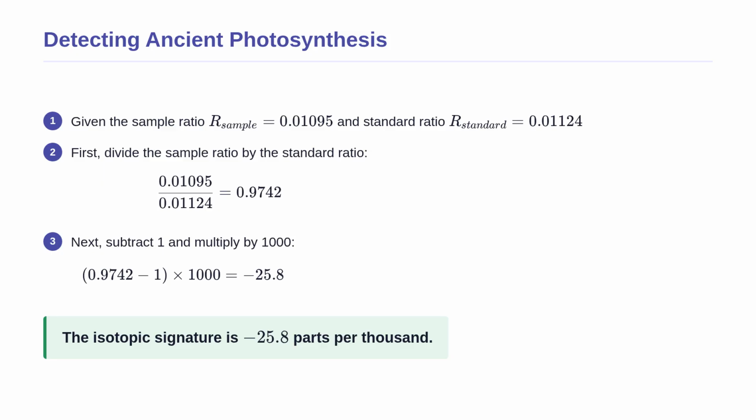We plug these numbers into our formula. First, we divide the sample ratio by the standard ratio to normalize our data, giving us 0.9742. Then we subtract 1 and multiply by 1,000. The final answer is negative 25.5 parts per thousand.